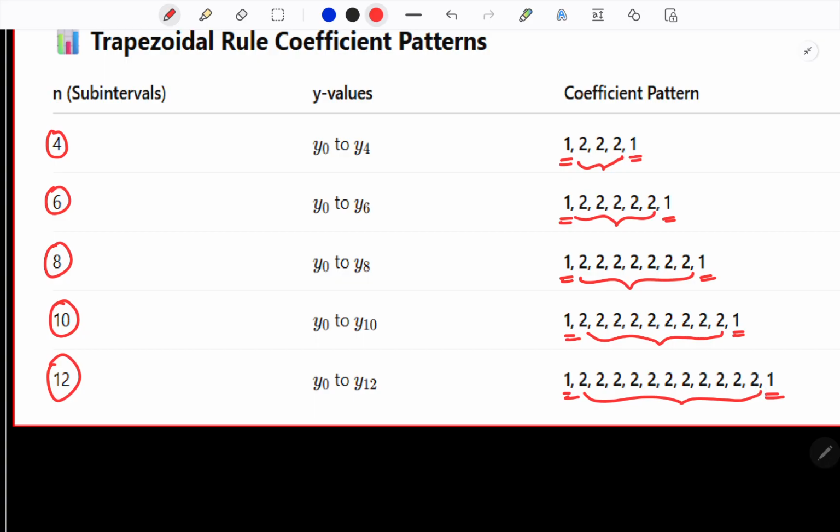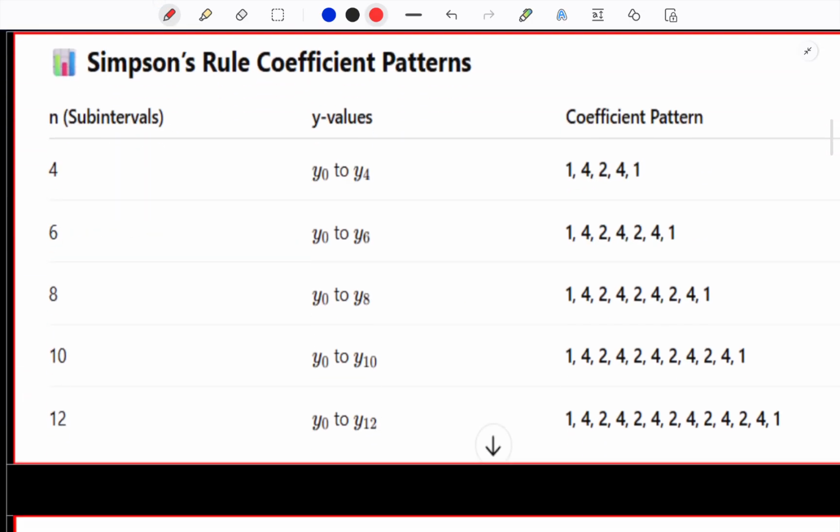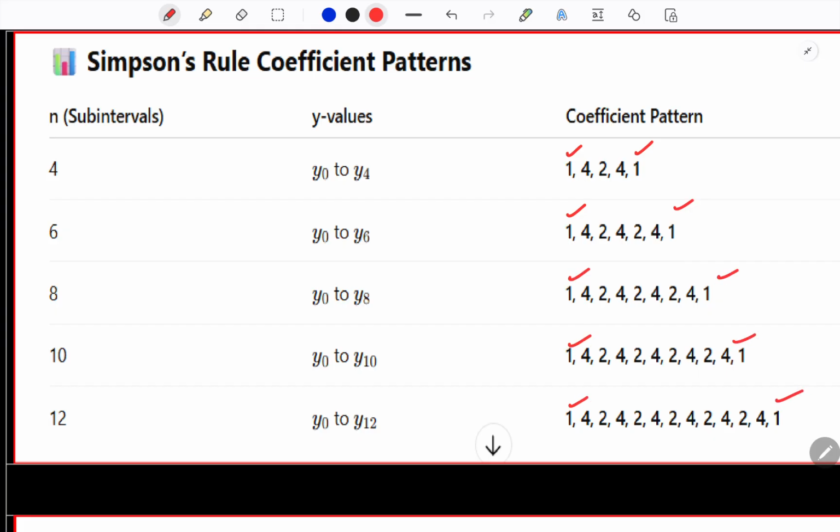This is for the trapezoidal rule. Whereas Simpson's is totally different. For Simpson's, the starting and ending values will be 1 and 1 for all cases, depending on the value of n. But the middle values are totally different. In the first case, n equal to 4, you will get 4, 2, 4. The next is 4, 2, 4, then 2, 4.